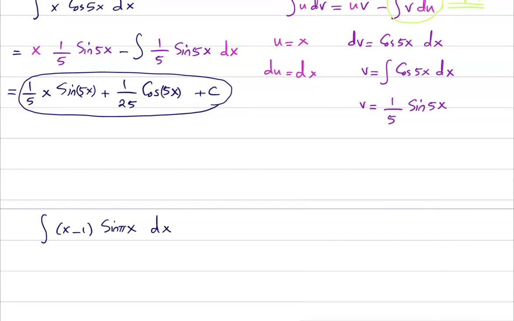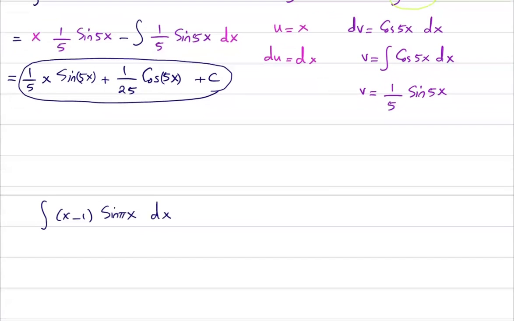But in applying the method of integration by parts, we have the integral of u dv, which is equal to uv minus the integral of v du, right?